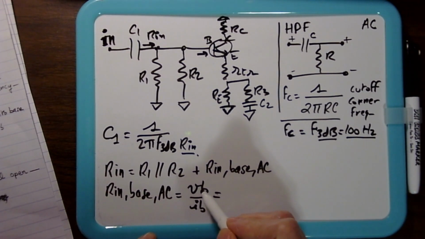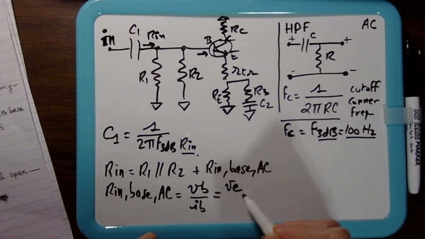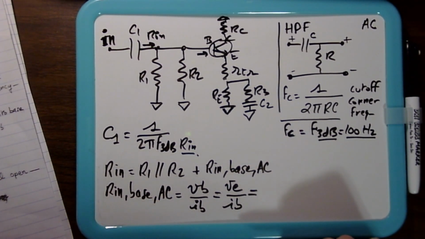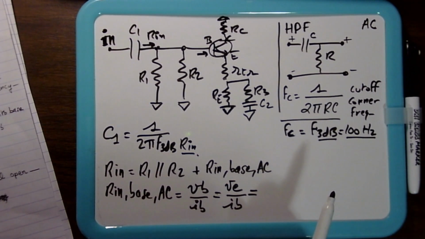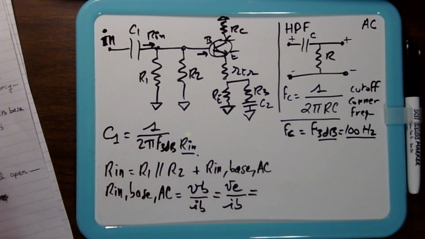But we know that small VB is equal to small VE. IB stays the same. And the small VE we did compute before, when we were getting the value for R3.